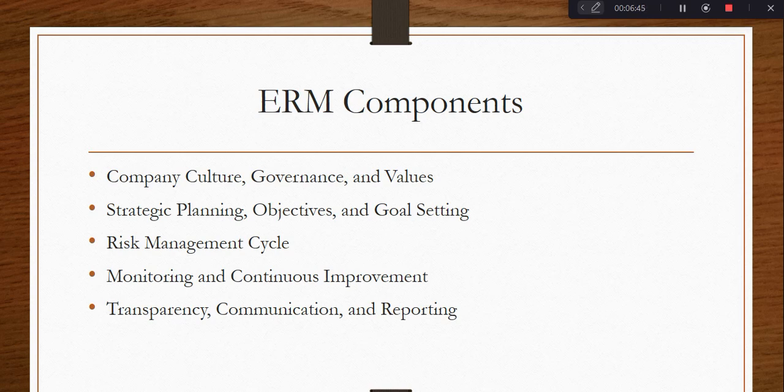No, this has to be communicated within the organization so that a comprehensive risk framework can be developed. And then reporting: if any deviations are seen, we need to definitely report them via the established rules. Also, the organization needs to report to the authorities if any deviations are seen. So these are a few components of ERM.